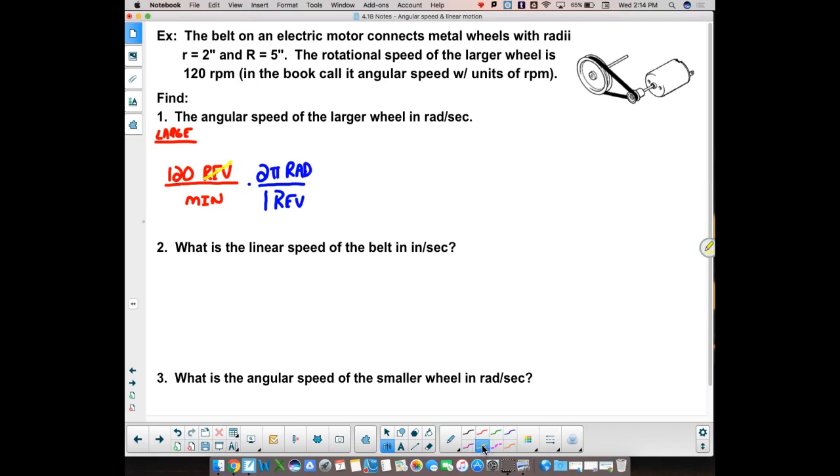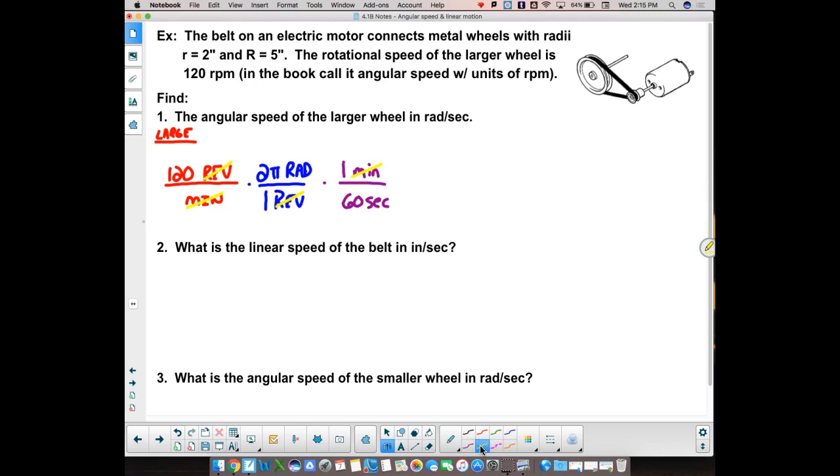So gone are my revolutions. Now I'm in radians per minute. What do I want to be in? Radians per second. So I need to change minutes. How many seconds are in a minute? So we're going to go 1 minute on top and 60 seconds on the bottom. And now the only labels that I have left are radians per second, correct?